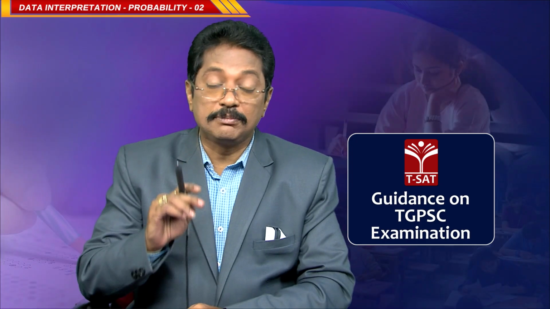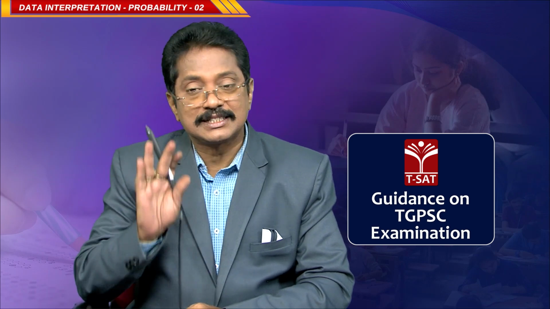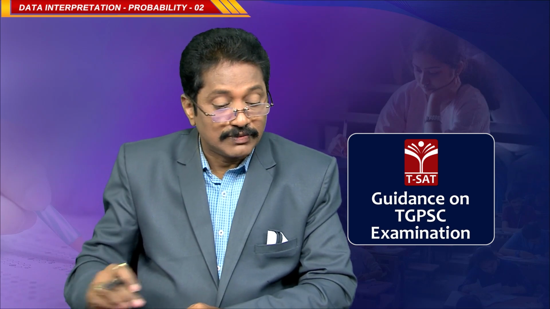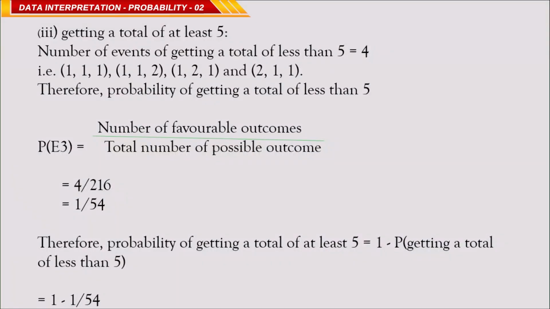Okay. So at most means less than or equal to 5. What if they give at least? At least means greater than or equal to 5, so the possibilities are 5 and 6.